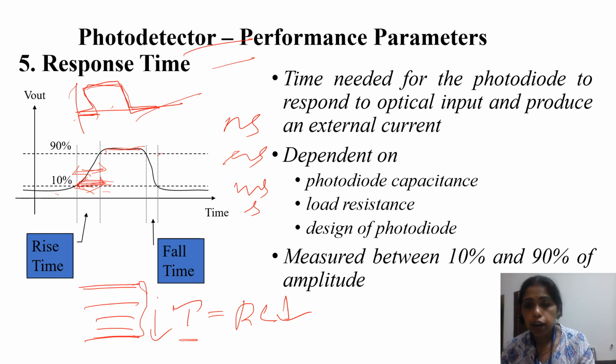When you connect the load resistance, the load resistance value should be very much less. And the capacitance also depends on how you design the device. The design of the photodiode indirectly influences the response time. It first influences the capacitance and then it influences the response time.